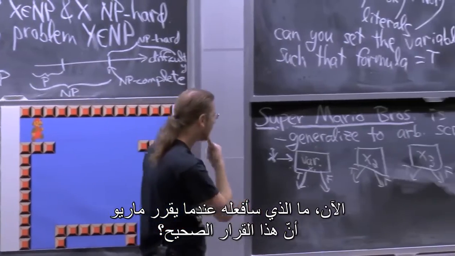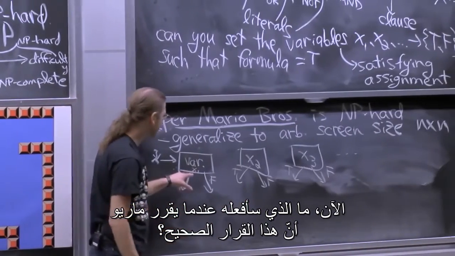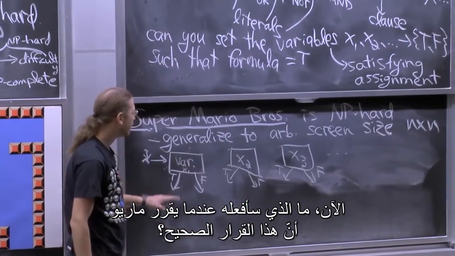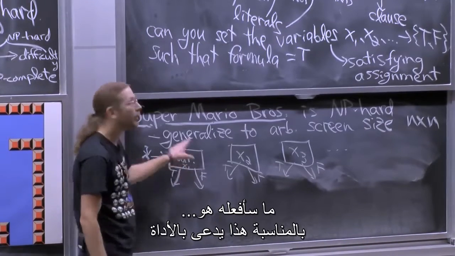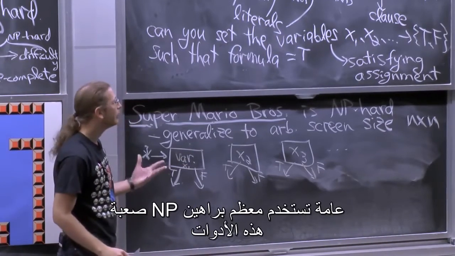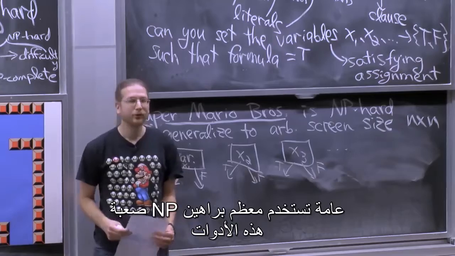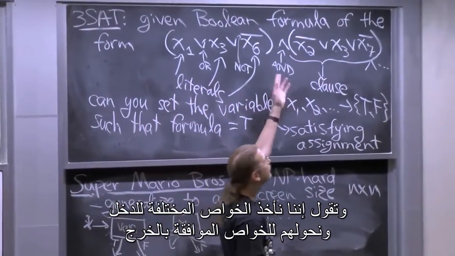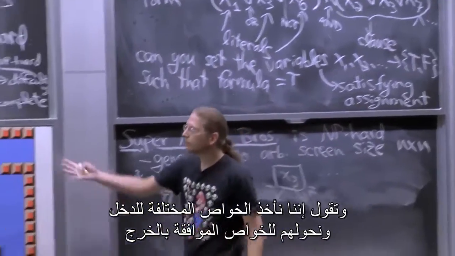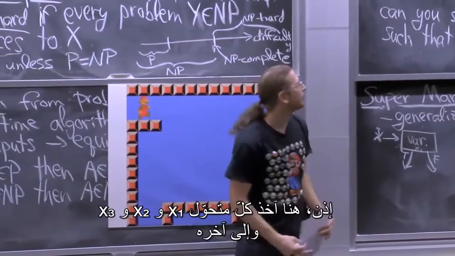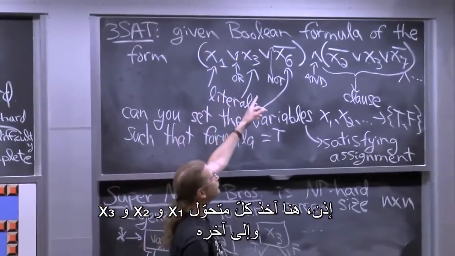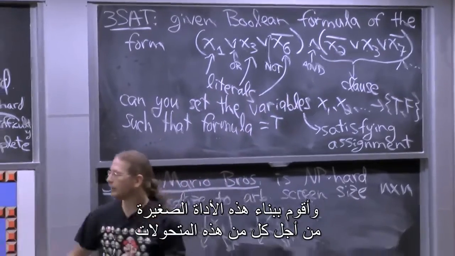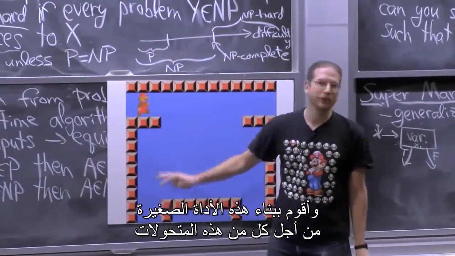Now, what do I do once Mario decides that this is a true thing? This is called a gadget, by the way. In general, most NP-hardness proofs use these things called gadgets, which is just saying we take various features of the input and convert them into corresponding features in the output. So here, I'm taking each variable, x1, x2, x3, and so on, and building this little gadget for each of those variables.